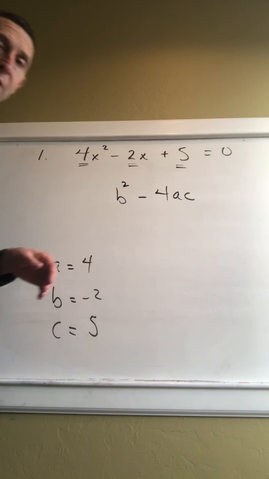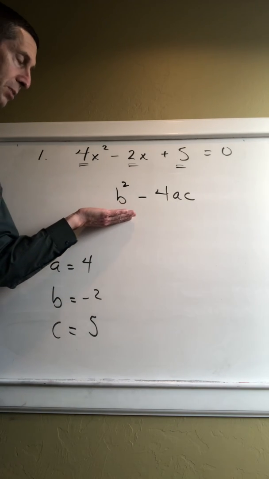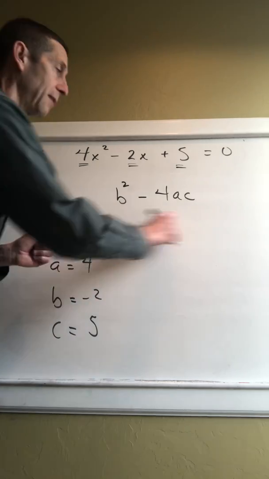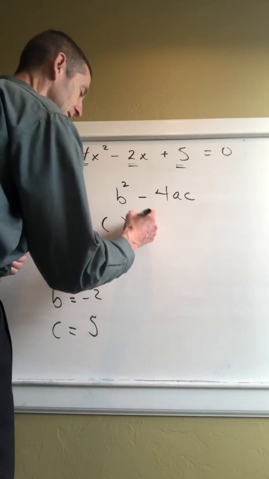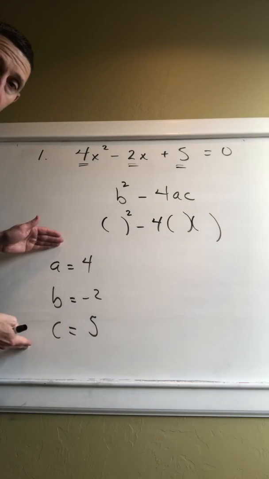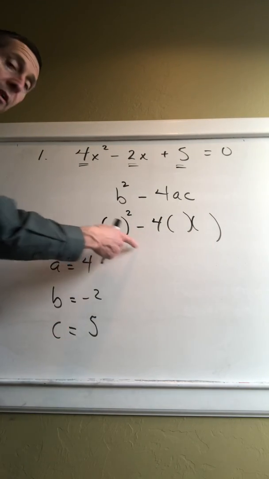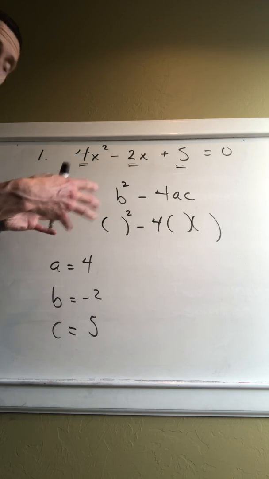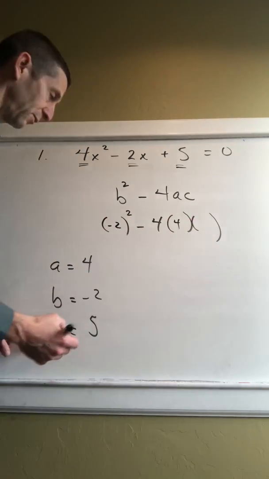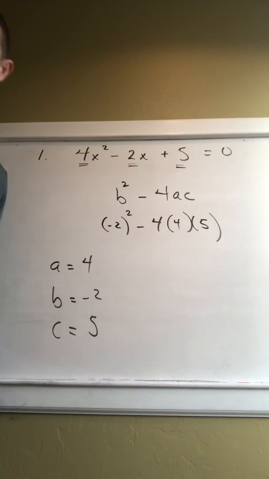The formula to find the discriminant is just b squared minus 4ac. So you only have 3 plug-ins to make. B is -2, A is 4, C is 5.